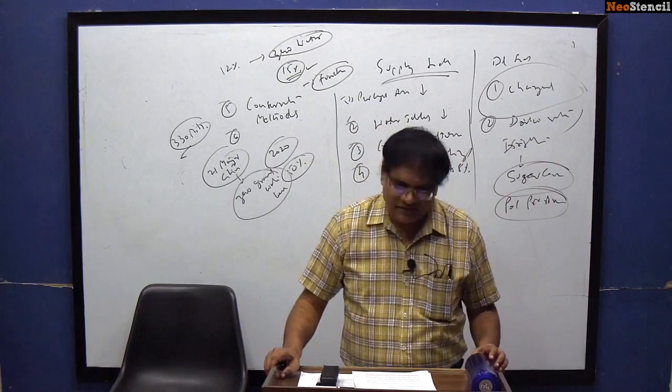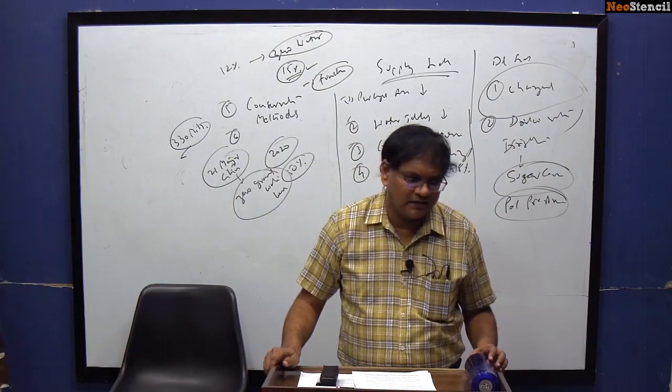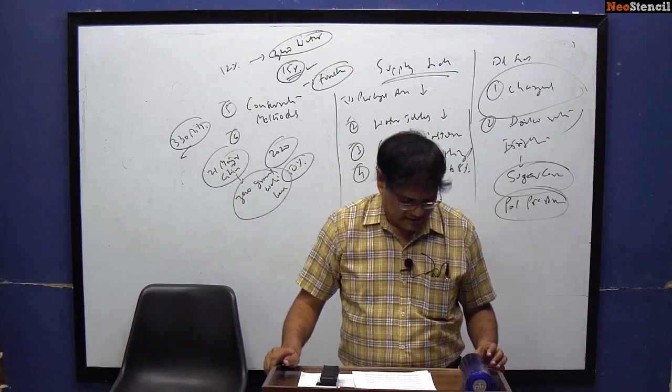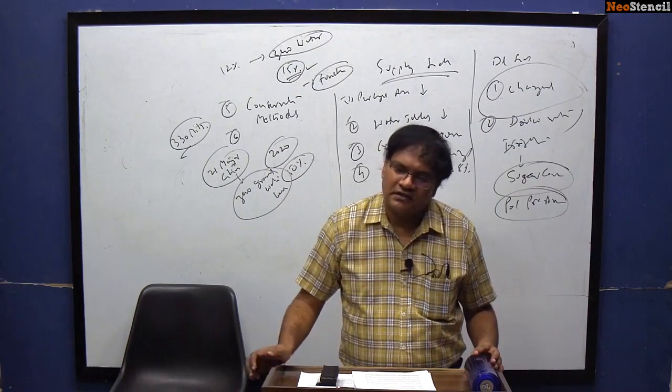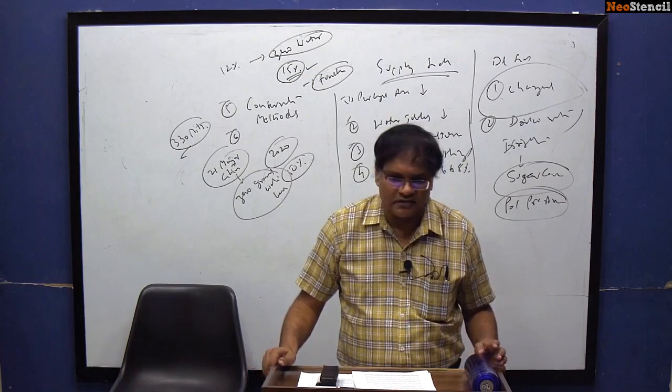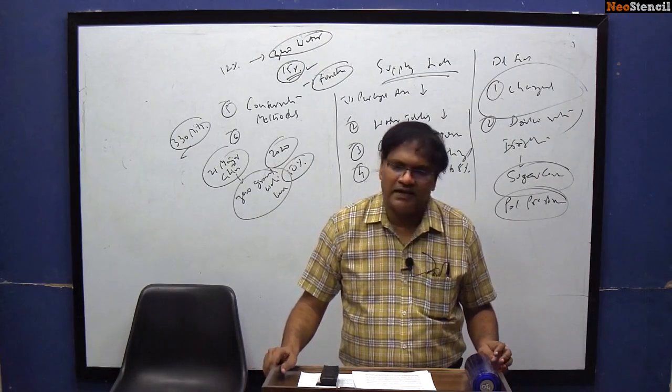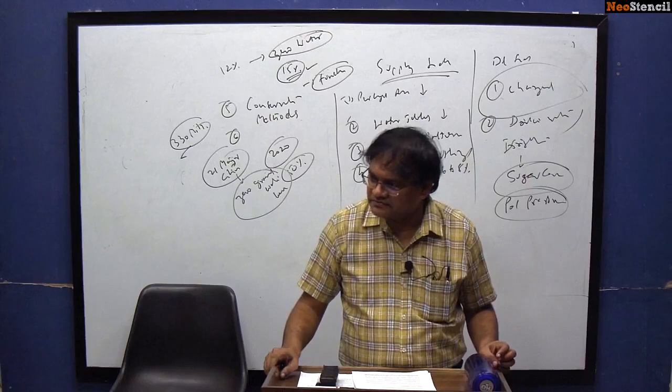Next, in urban areas, the government should make it mandatory to have rainwater harvesting as part of building bylaws.